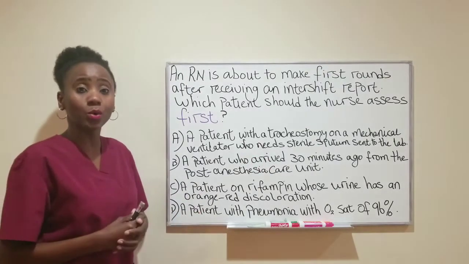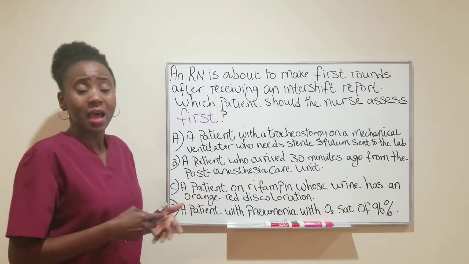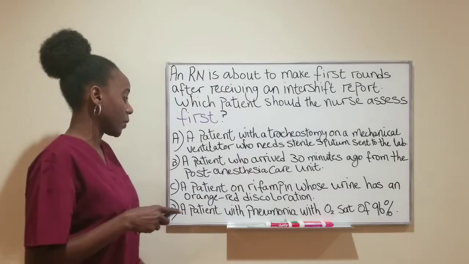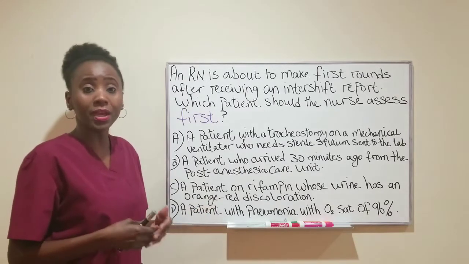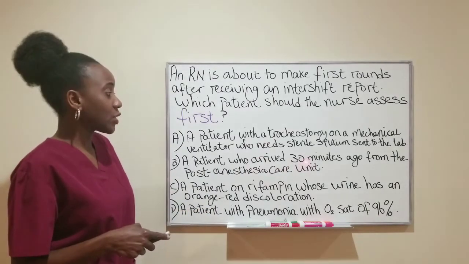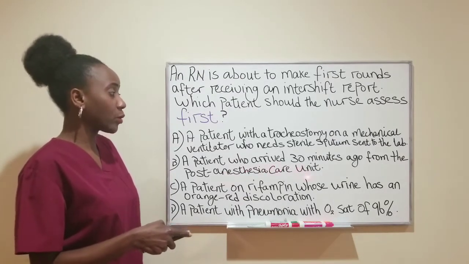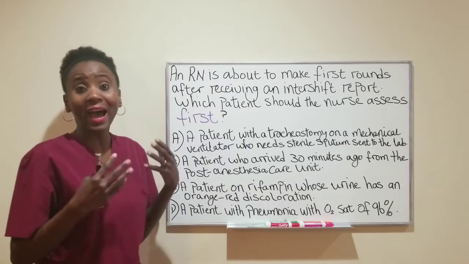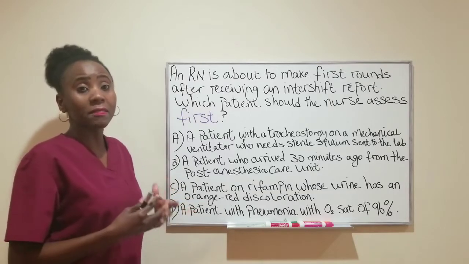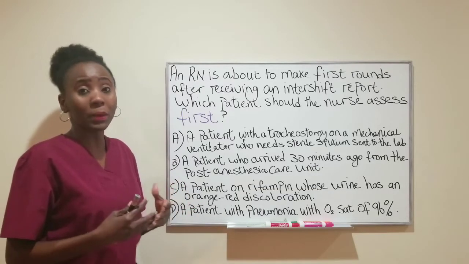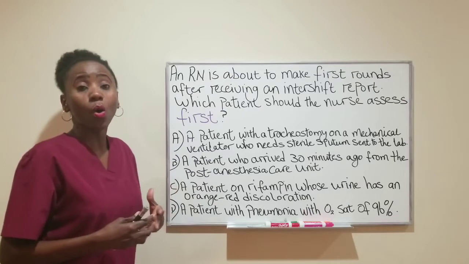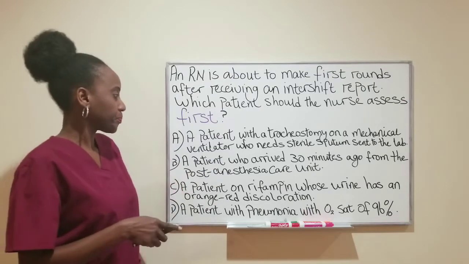I have to pay attention to level of consciousness, assessing the patient's oxygenation, looking at their urinary output and their wound sites. And patients that have just arrived from surgery or just arrived from the PACU are patients that we give high priority to because they are at risk for developing complications from surgery or from the anesthesia.